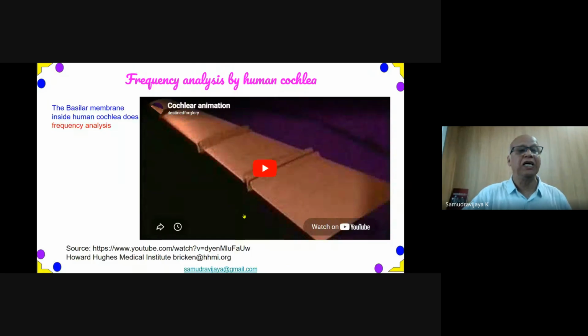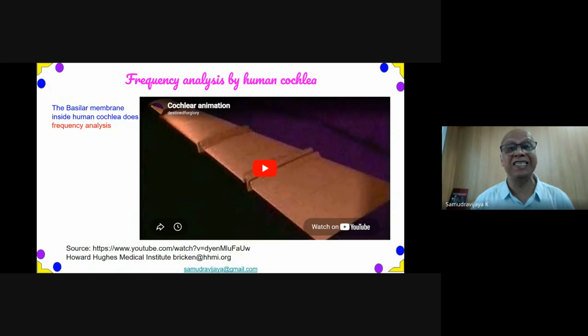In the cochlea, there are several chambers and one membrane called basilar membrane is the membrane that vibrates when sound enters, and this membrane is about 30 millimeter long. And different parts of this membrane respond to different frequencies.